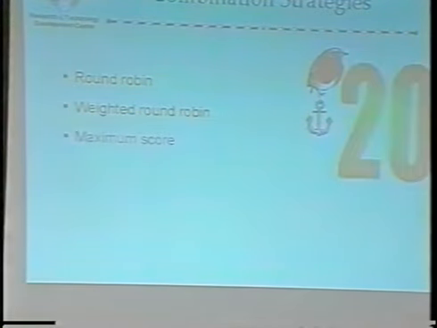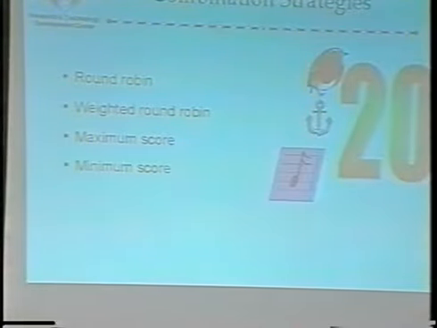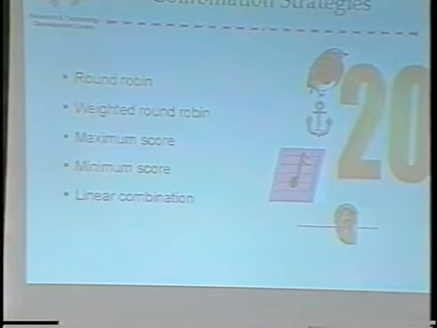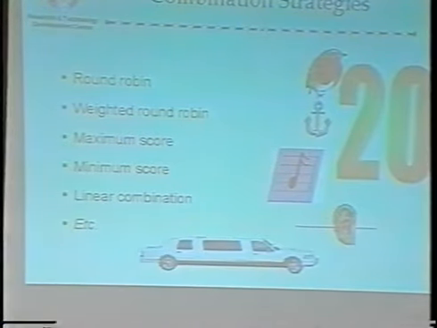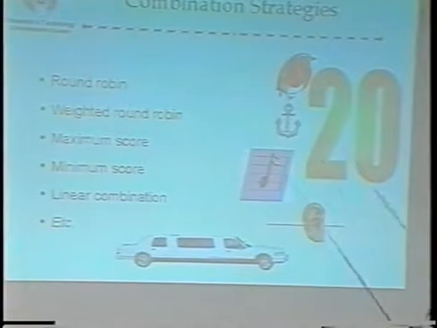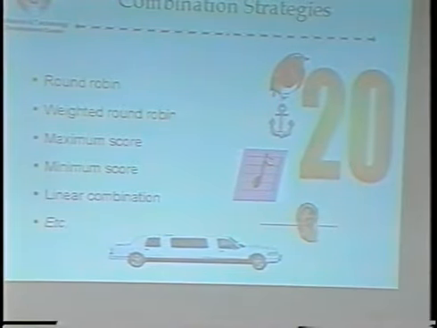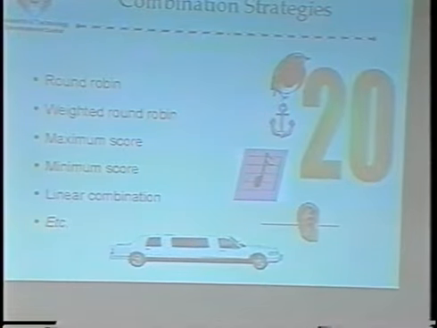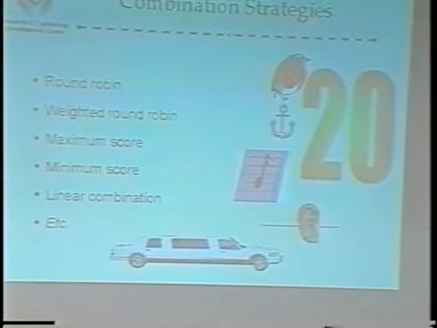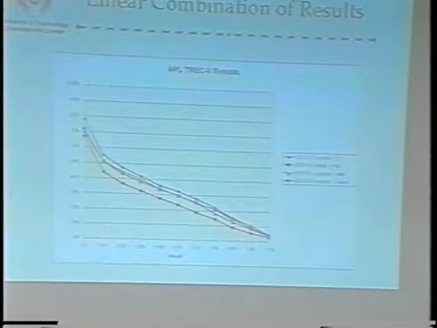You can do it by score and take the maximum score for any document as its overall score. You can do minimum score. You can do a linear combination. There's lots of ways you can combine. We actually use a linear combination to put these together. So we take the scores, we normalize them, and then we put them together.